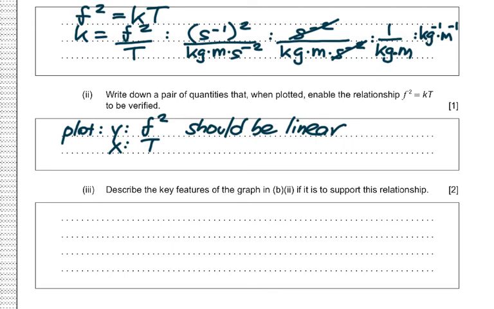But those additional notes are actually addressed in (iii), where it says, describe the key features of the graph if it is to support this relationship. So looking at the function, f squared equals a constant times the tension, that's the equation of a line. Of course, b is the y-intercept, but there is no y-intercept in this expression. That y-intercept would be 0. And so this is what we call, ding, ding, ding, directly proportional. Directly proportional has 2 conditions that must be met.